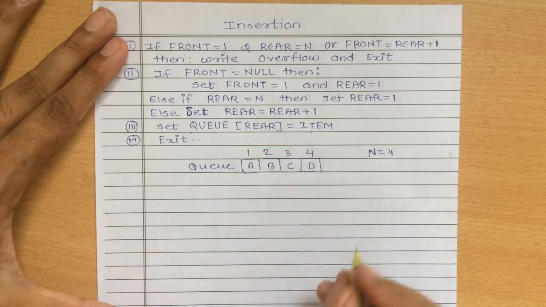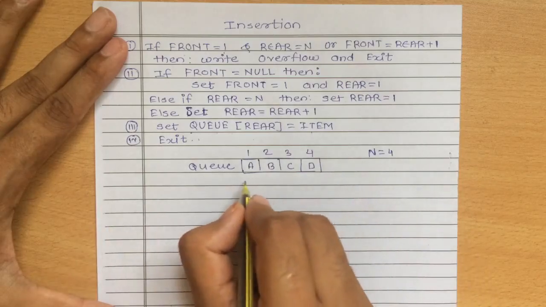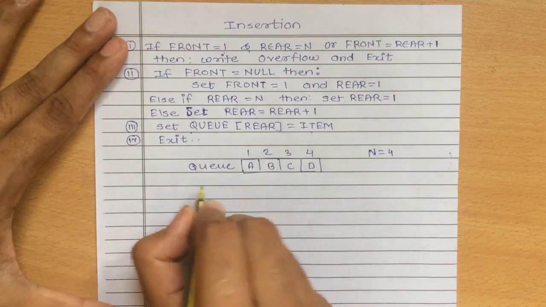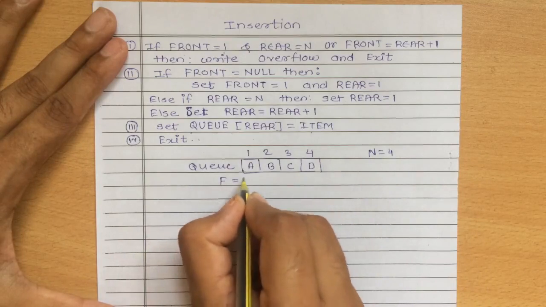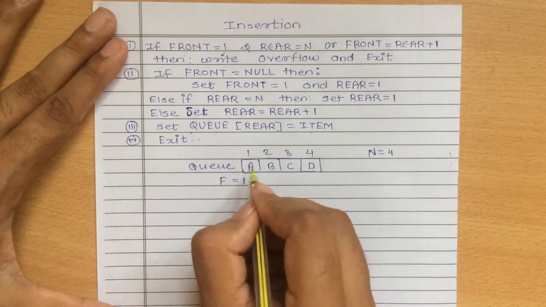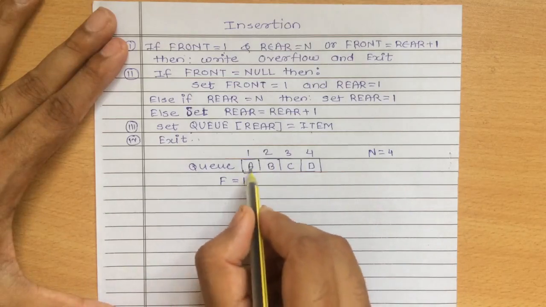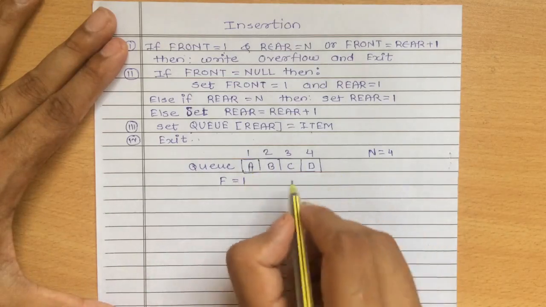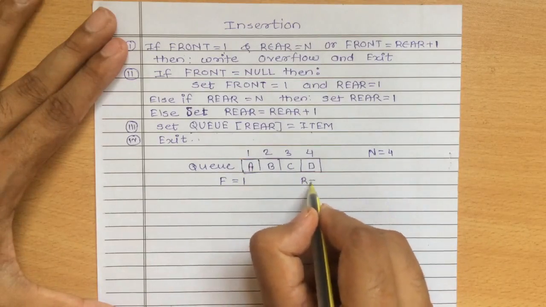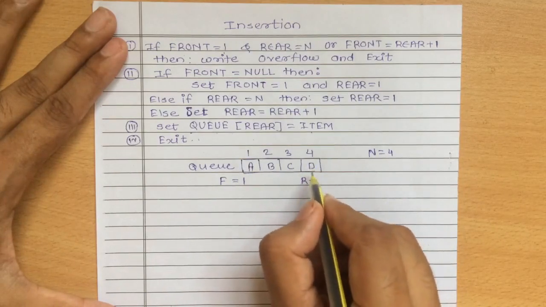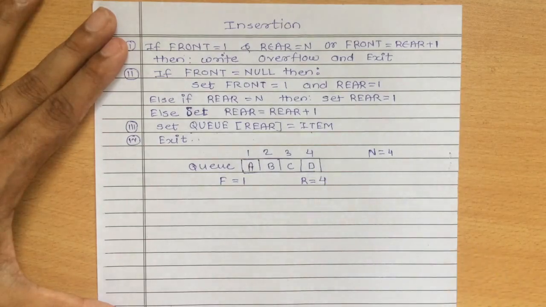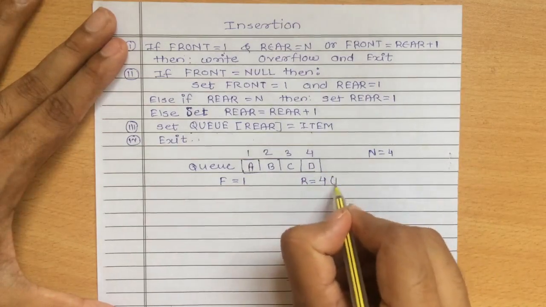In this case my front is equal to 1 because it holds the location of the first element, that is A, and rear holds the location of the last element, D, so rear is equal to 4, that is n.